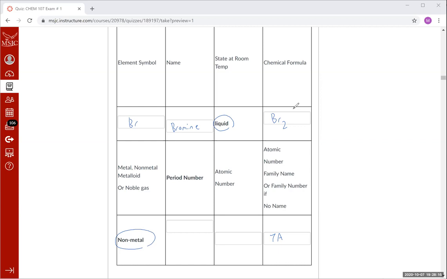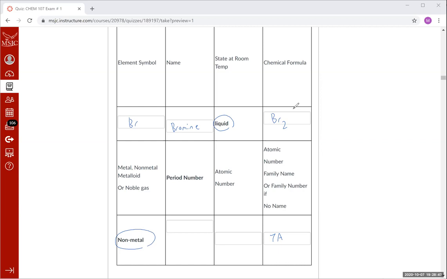Professor, for this one, I put Br2 with parentheses L for liquid, and it deducted a point from me. Yeah, I'm still going through and correcting the Canvas automatic grading. I make sure to grade all the exams by hand, and the final scores after I've gone through everything by hand should be uploaded soon.